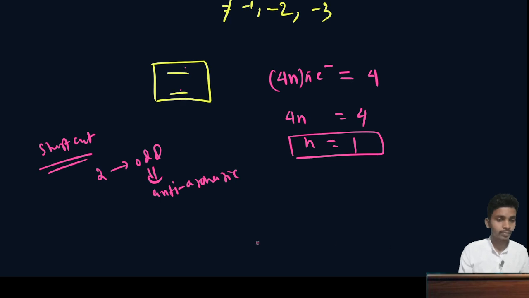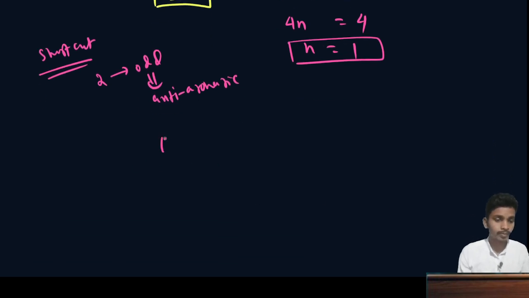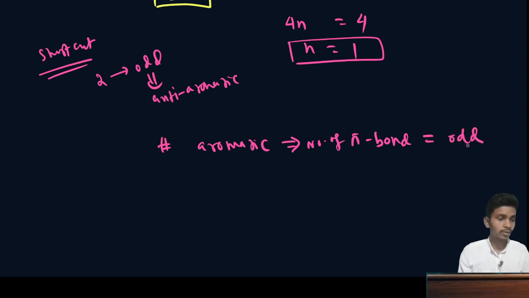Okay, so always for aromatic, if the number of pi bonds, not pi electrons, is odd, then this is aromatic. And for anti-aromatics, the number of pi bonds is even.